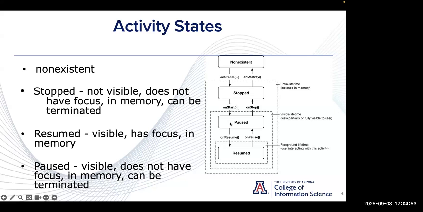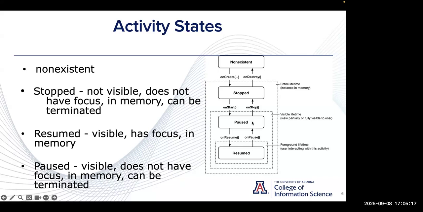Once you click on onStart, it takes us to paused. And once it's paused, we can use onResume to bring it to the foreground. But once we are no longer using it, or we resumed and are actively interacting with this app, then we take it back.